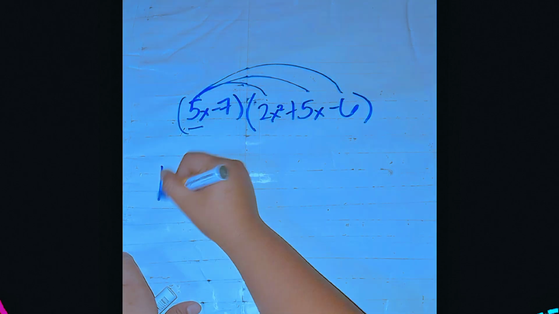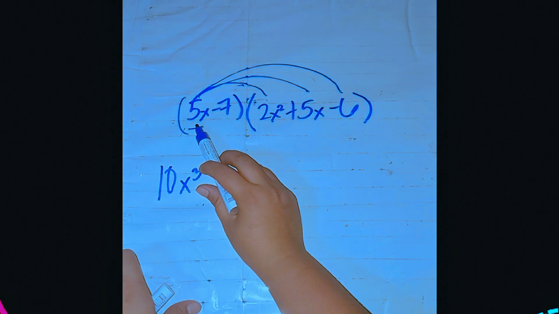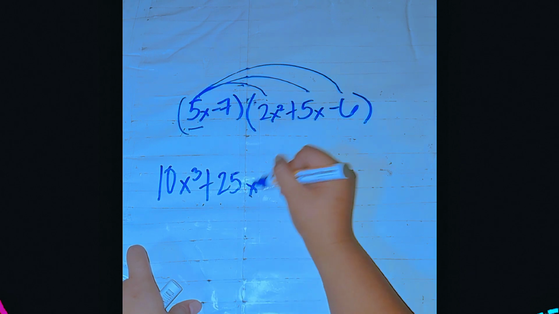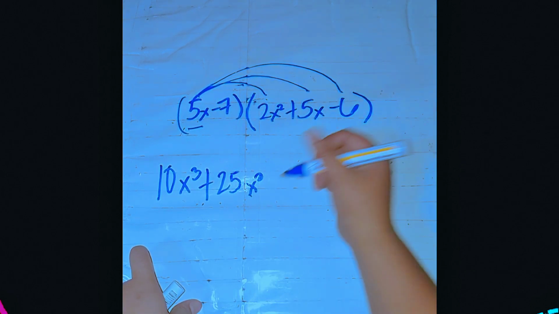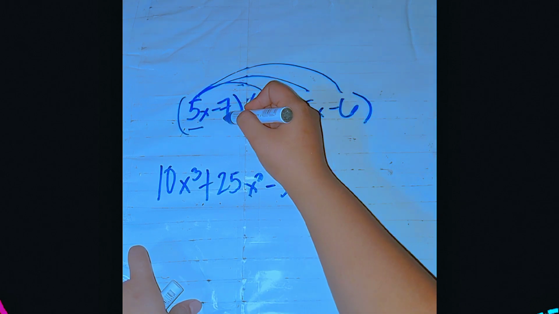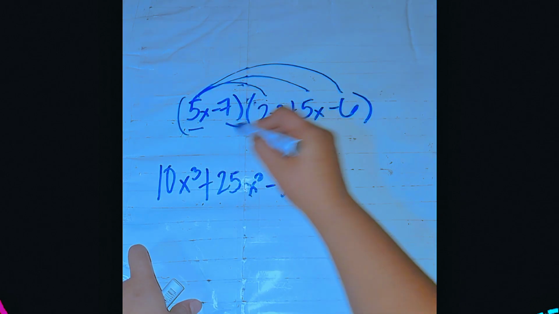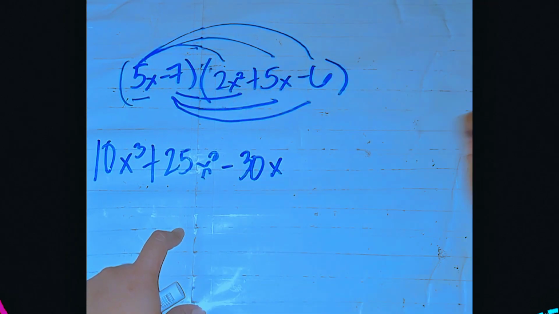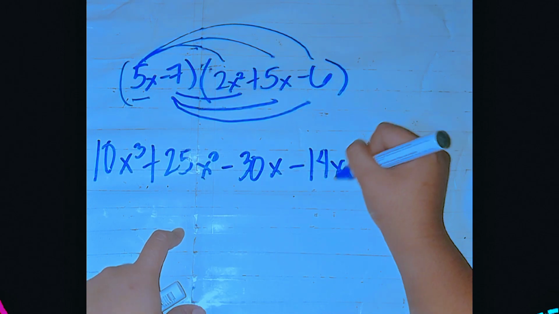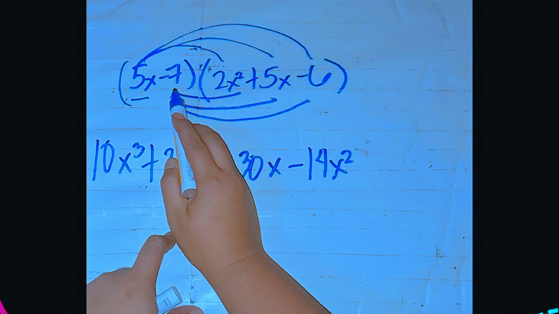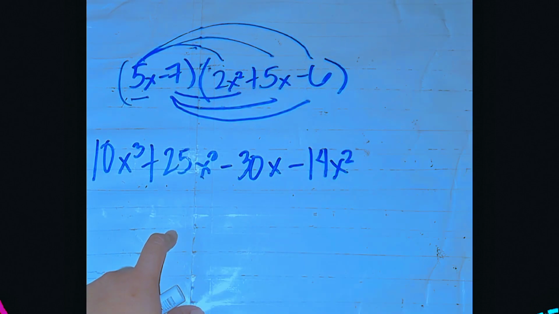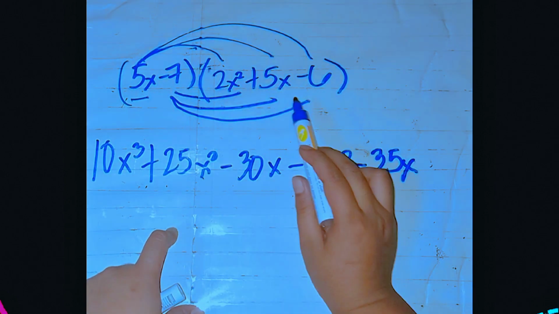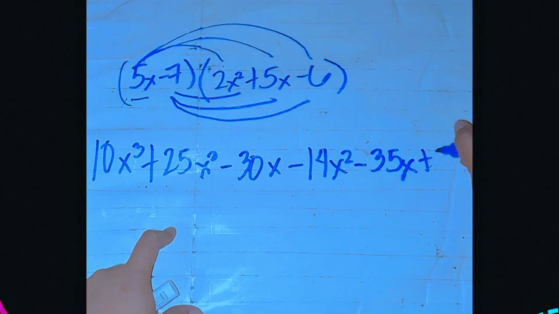It will be 10x cubed. 5x times positive 5x is equal to positive 25x squared. And 5x times negative 6 is equal to negative 30x. Then, the second term will be multiplied to each of these. Negative 7 times 2x squared is equal to negative 14x squared. Then, negative 7 multiplied to positive 5x is equal to negative 35x. Negative 7 times negative 6 is equal to positive 42.